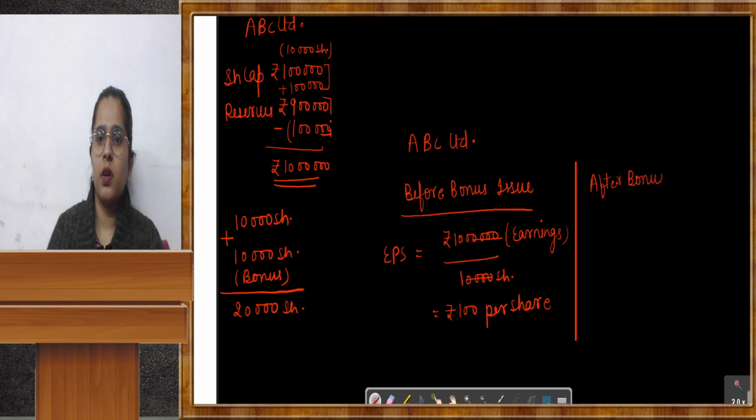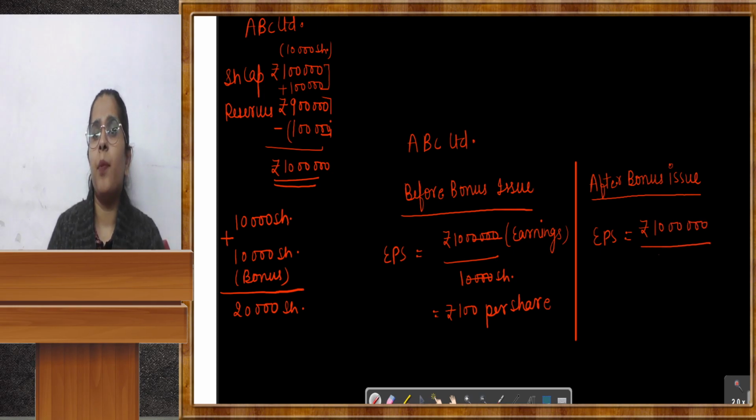After bonus issue, let's say your earning remained the same, 10 lakh rupees, but your shares increased to 20,000. So now your earning per share has reduced to 50 per share.